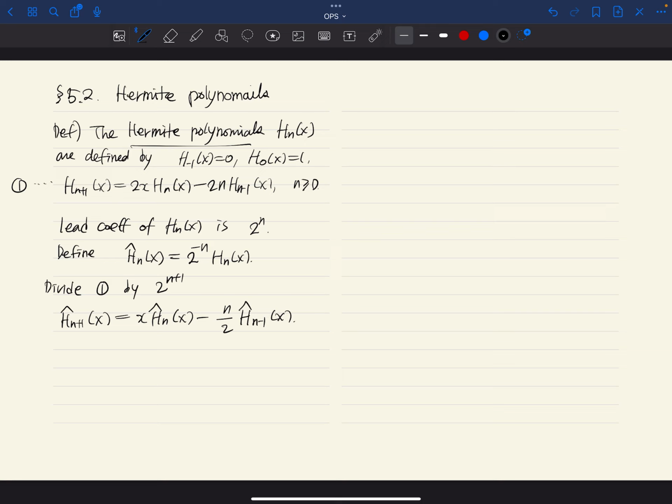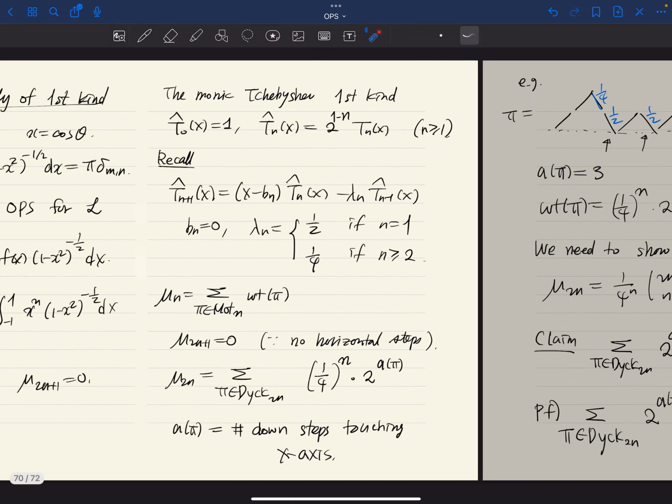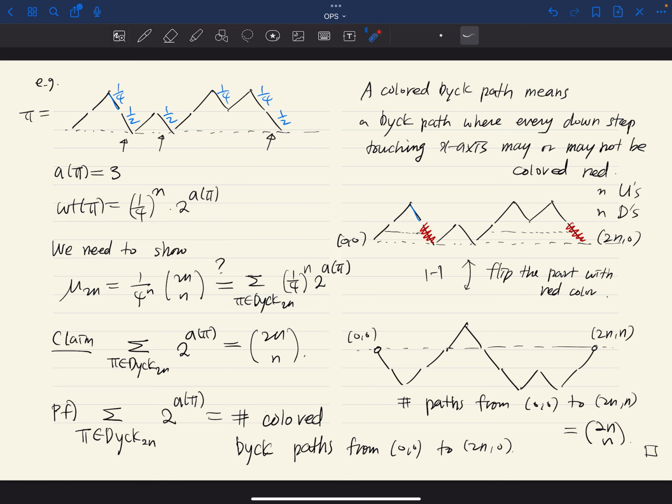We can work with this because it's a monic orthogonal polynomial, but we will modify it a little further because we want to count things. Whenever we have a fraction like this, we have to multiply, just like we did over here, by 1 over 4 to the n.